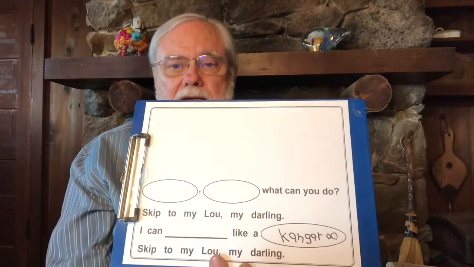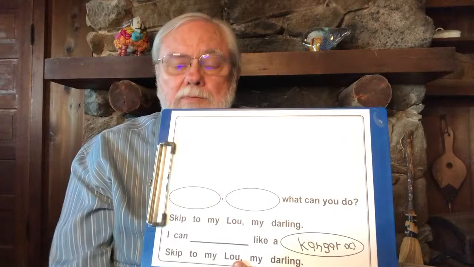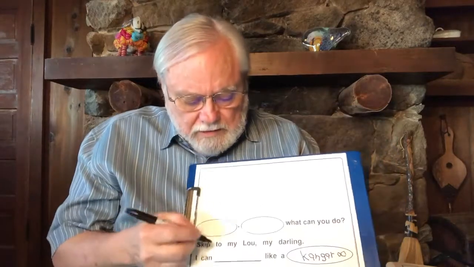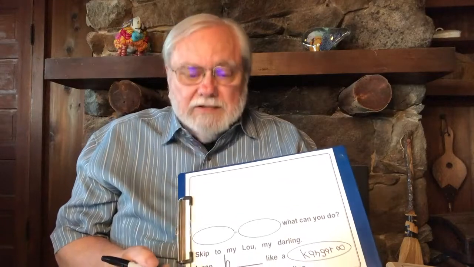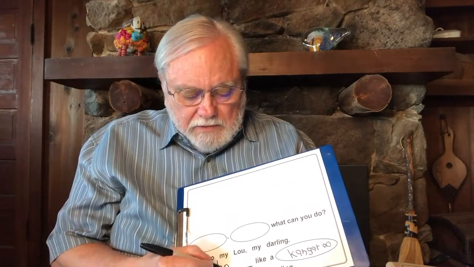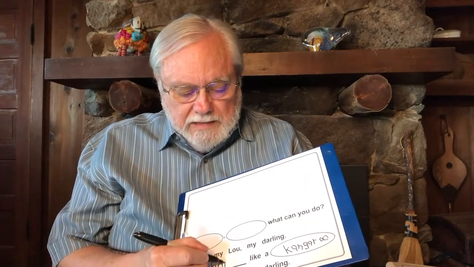So that says kangaroo. Now, what could you do to be like a kangaroo? You could put hop, or you could put jump here. What's the first sound in hop? H for humming. What's the next sound in hop? Ah for Ollie Ostrich. What's the last sound in hop? P for painting.